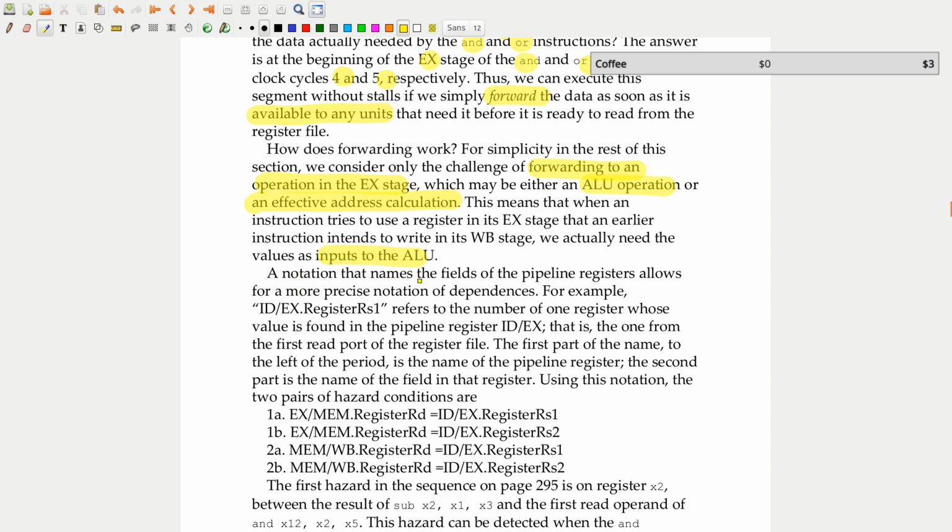So a notation that names the fields of the pipeline registers allows for more precise notation of dependencies. For example, at the decode execute, register RS1 refers to one register whose value may be found at the pipeline register, instruction decode execute.